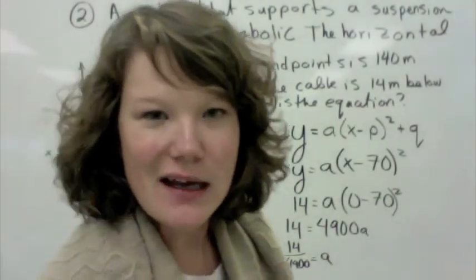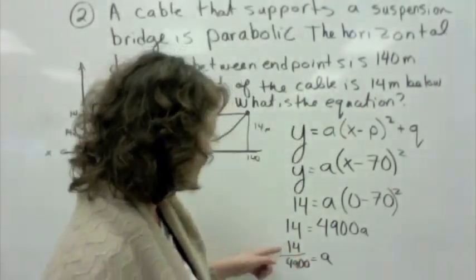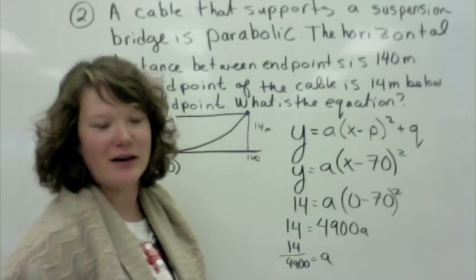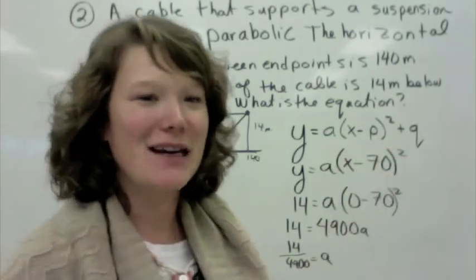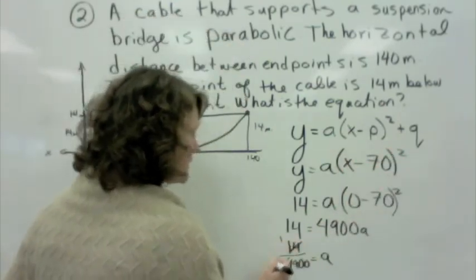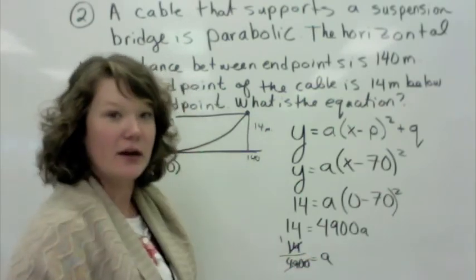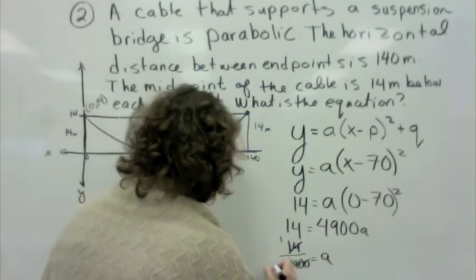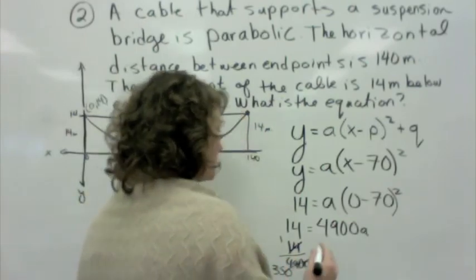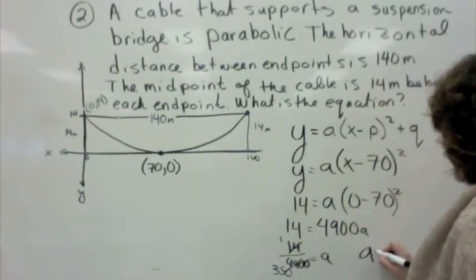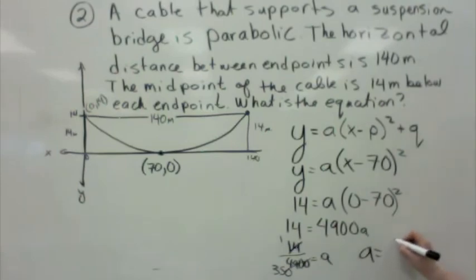Just letting you know, whenever you see something like that, see if 14 goes into 4,900. And guess what? It does. 14 goes into itself once. 14 goes into 4,900 350 times. So we know that a equals 1 over 350.